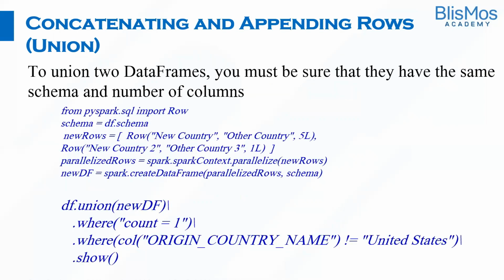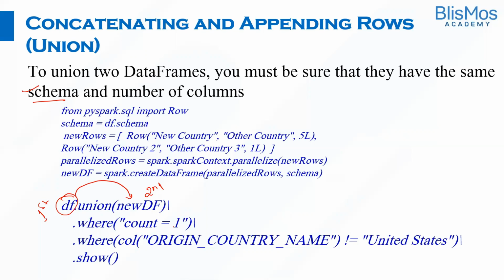One very important thing: if you want to union two data frames, you need to ensure that the schema is the same, otherwise we will not be able to union two data frames. The way you can do it is, this is the first data frame and this is the second one, and you are trying to union this data frame with this one. As I said, you are providing a couple of conditions here.